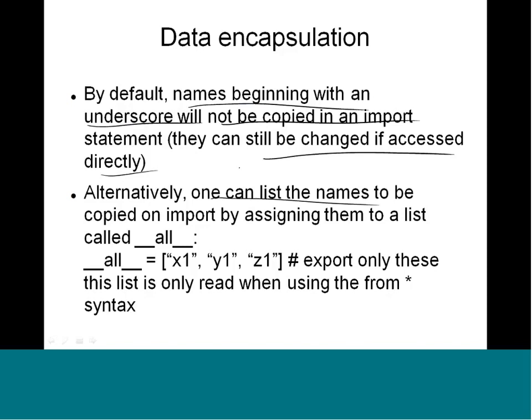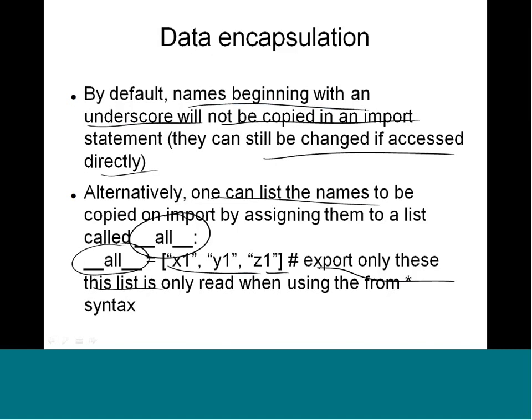Alternatively, one can list the names to be copied on import by assigning them to a list called __all__. For example, here we specify __all__ as this list x1, y1 and z1, to mean that basically import only these.